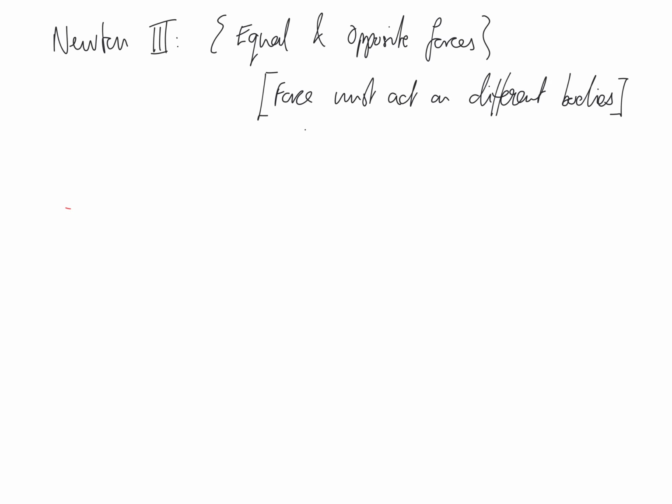A nice easy example would be something like two ice skaters on the ice, and they have pushed off each other. If they have pushed off each other, then they are going to move in opposite directions from each other. Because this person, in pushing on this body here, has of course created a force on them backwards, as well as creating a force on them.